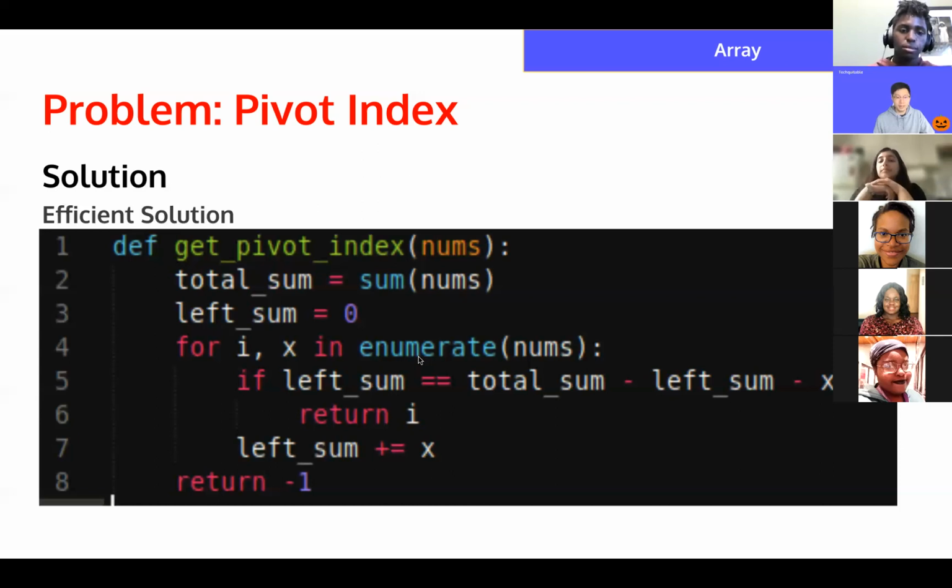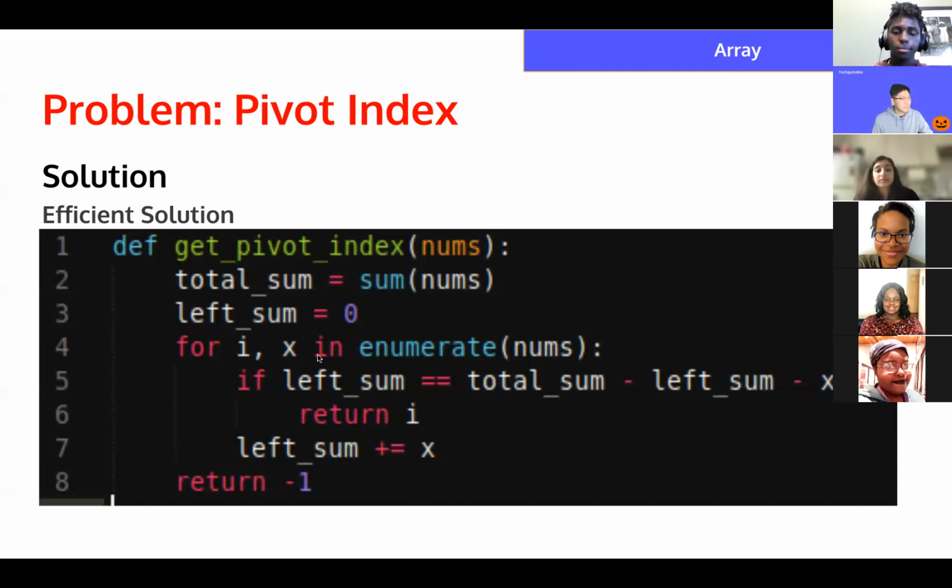But in Python, enumerate is a native operator you can call against your iterable, and it gives you a pair back, in which the first is your index and the second is the value of that element. It's a simpler way compared to declaring an index and then finding the value by indexing into the array. This gives me both values back at the same time.